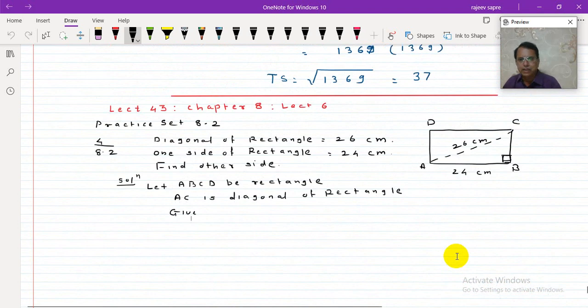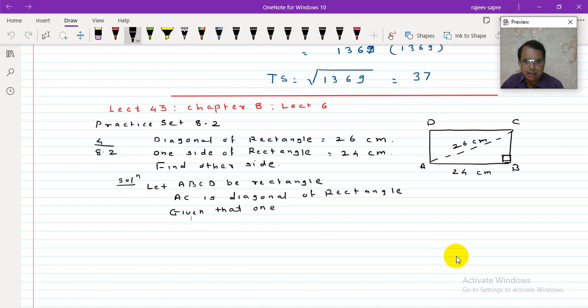Okay, so given that one side of rectangle is 24 centimeters. So we will assume that length of AB is 24.